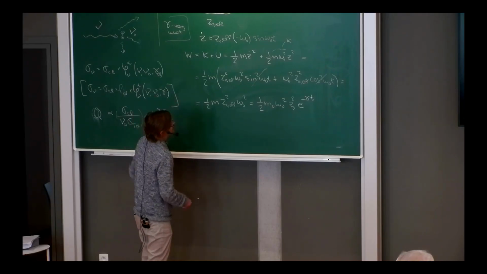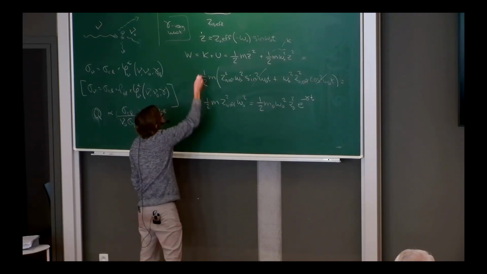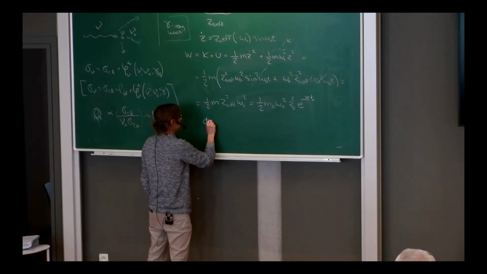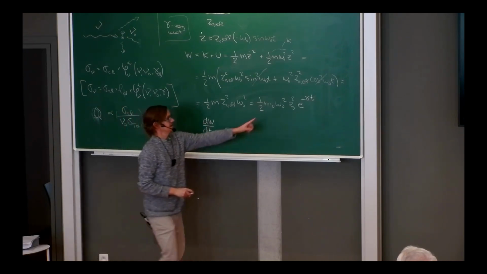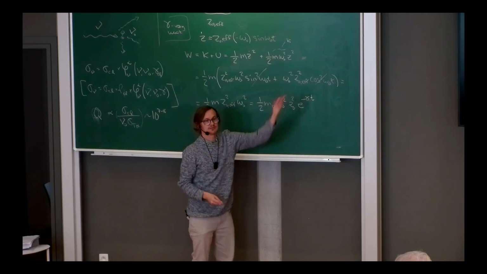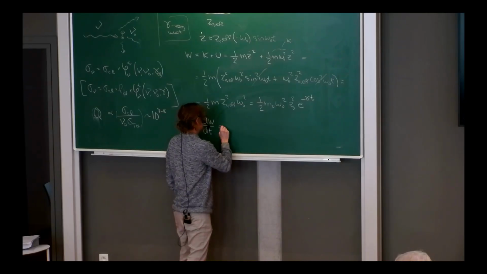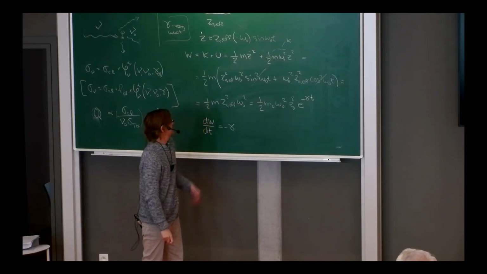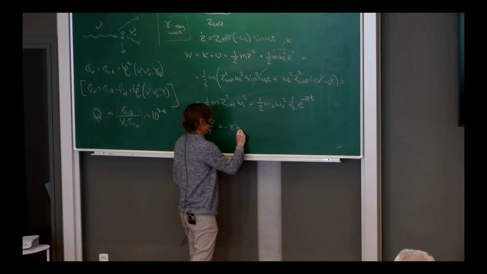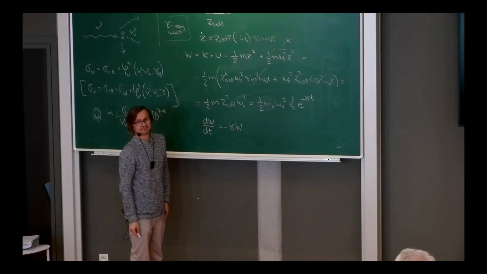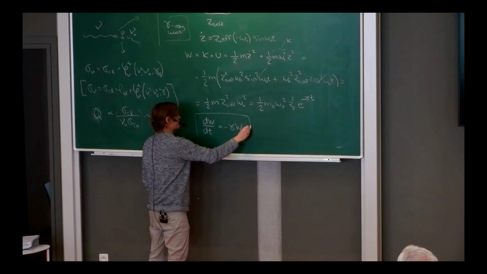But the interesting thing for us today is that this just shows that we can set up the total energy. If we calculate dW dt, it's just this one, right? So what comes out is just negative gamma, and then it's just this whole expression again, right? And that's just W, the total energy.